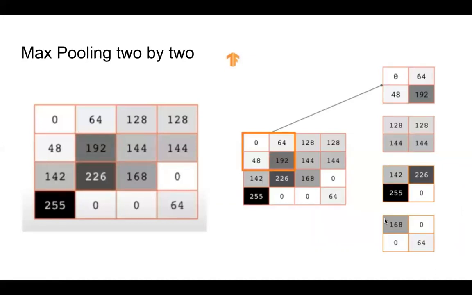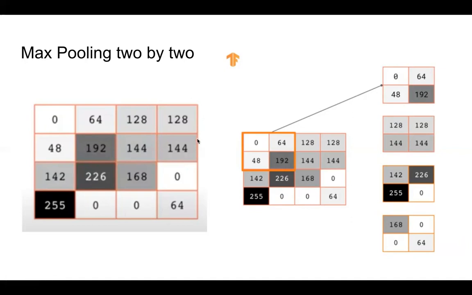Then what we do after filtering, we apply the pooling. The example of pooling is the max pooling 2 by 2. So we saw previously the current pixel value 192, and this is the array of pixel values.